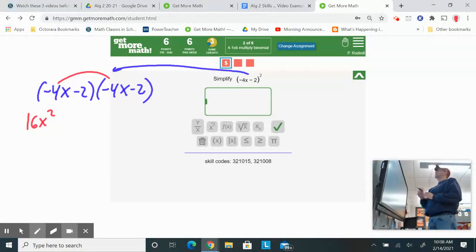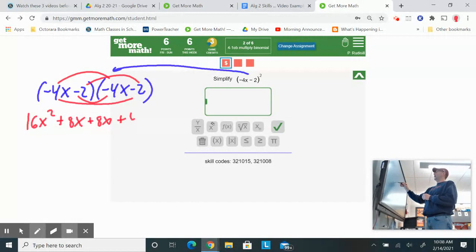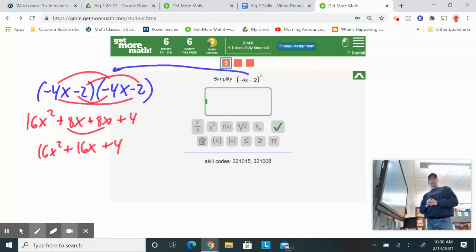Outers, negative 4x and negative 2 is plus 8x. And the inners, negative 2 times negative 4x is another plus 8x. And then the last, negative 2 times negative 2 is a positive 4. I can simplify like terms, and I end up with this answer. Type it in, see how we did.